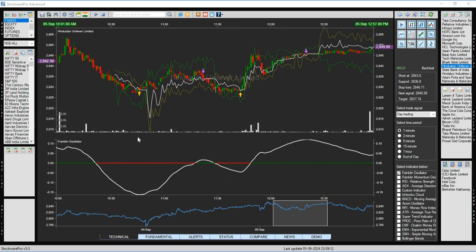First, let us look at the Franklin oscillator indicator, which is a momentum indicator, a trend indicator, but it is a price lagging indicator. What does it mean by price lagging indicator? When the Franklin oscillator hits a support or resistance, it turns around and moves like a wave above and below the zero line.